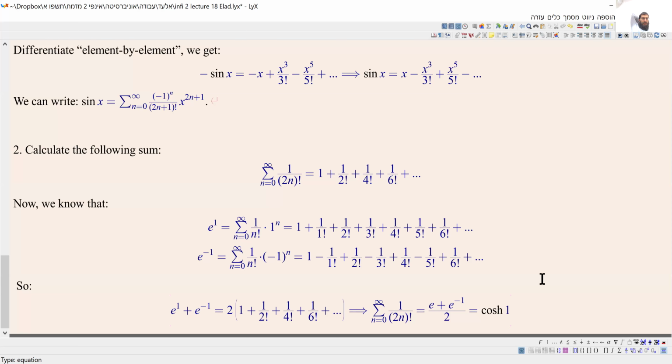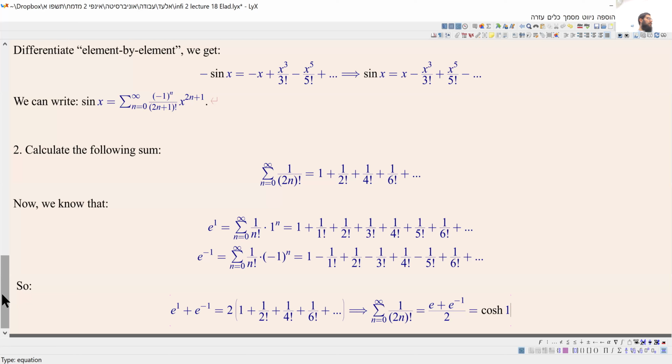So here is a function. Find the power series that equals this function without calculating all the derivatives in an exhausting process. Here's a sum. Calculate the sum. Find the derivative of some very high order. Every question can be asked and answered not just about the geometric series, but also about e to the power of x and cosine x.